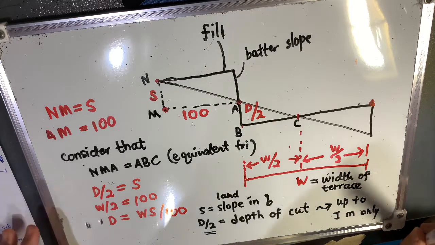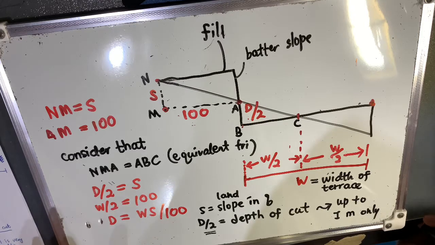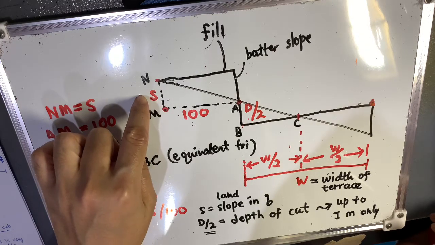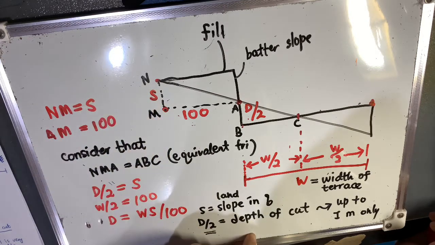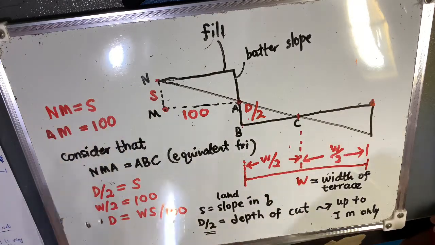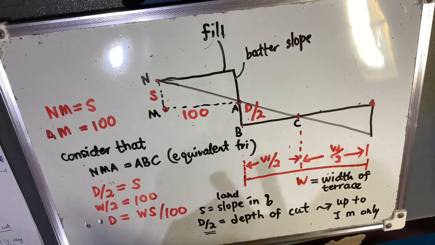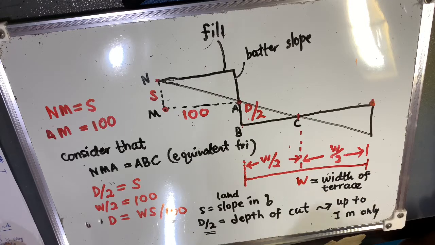I hope you are clear, and now you will be able to determine the width of the terrace. Maybe you can also determine the slope, or if the slope is given, then you can determine the depth. So the question will be around this. Sometimes you have to determine D, sometimes W, sometimes S. Okay, see you guys in the next lecture.